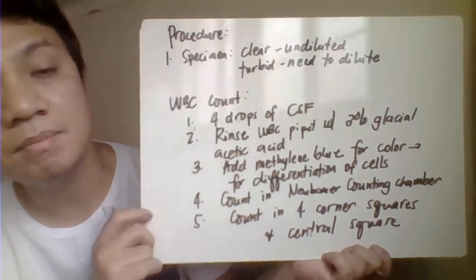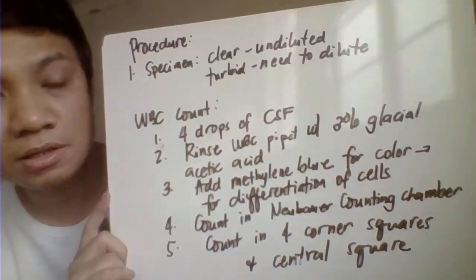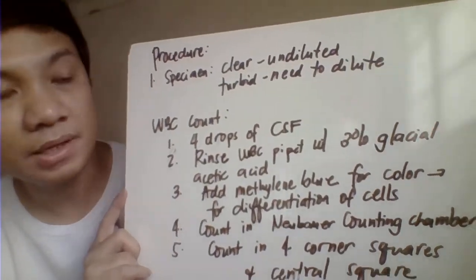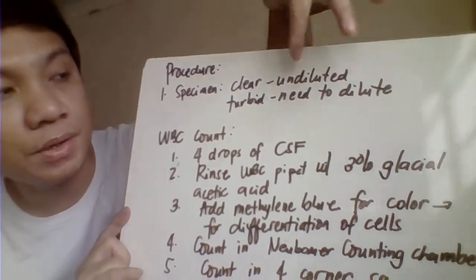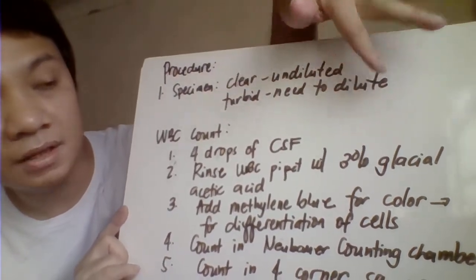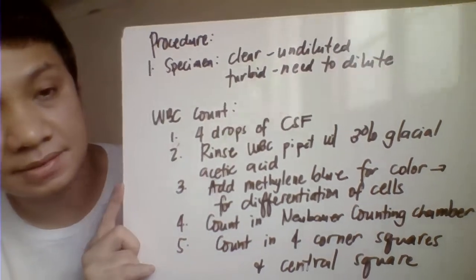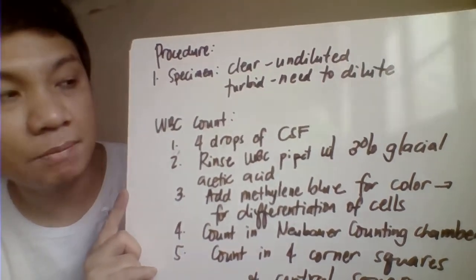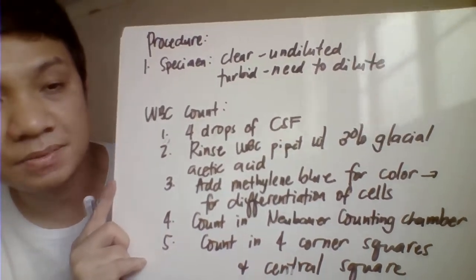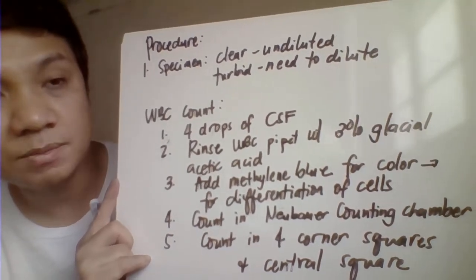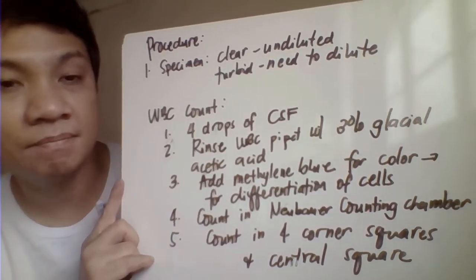Then we have the procedure for the cell count. If the specimen is clear, you don't need to dilute it. If the specimen is turbid, you could dilute it using NSS. For the WBC count, we use 4 drops of CSF.